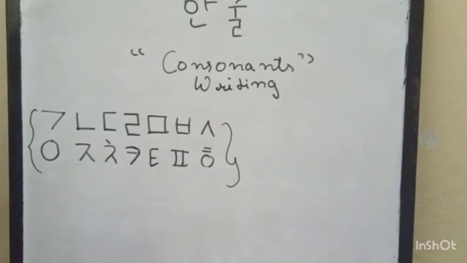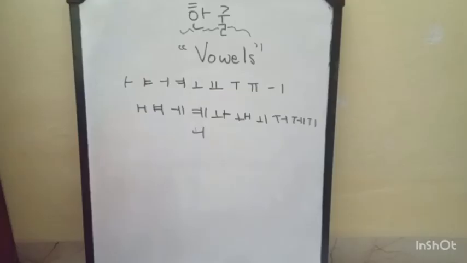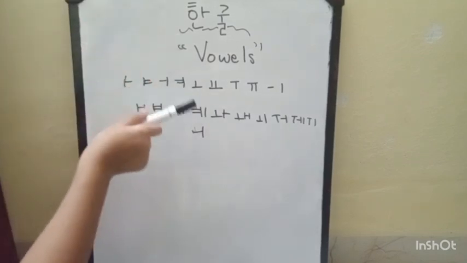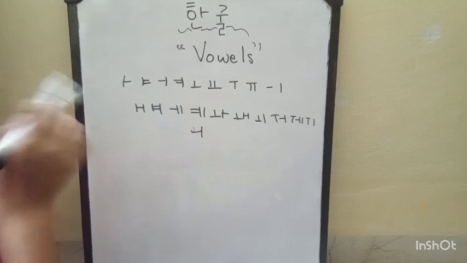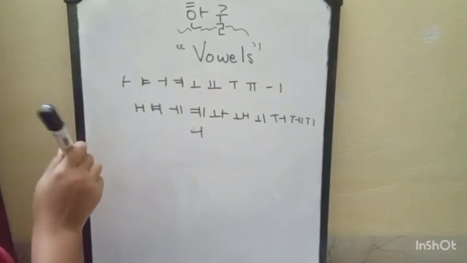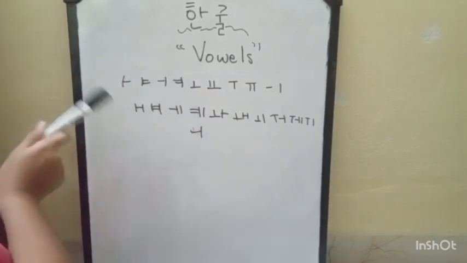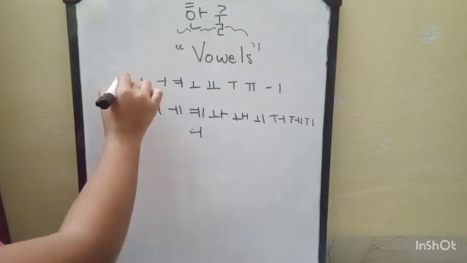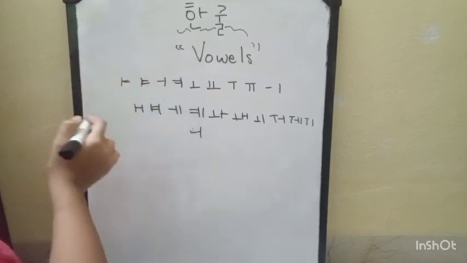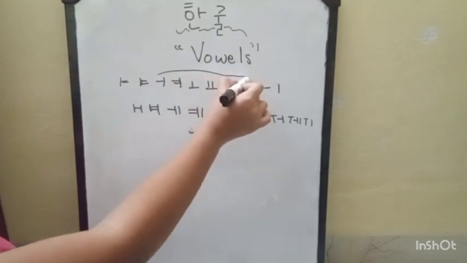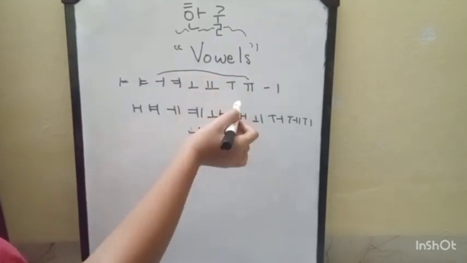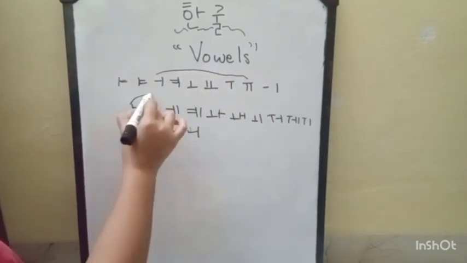Now let us move on to vowels. As you can see, for the vowels I have changed the direction a bit so it would be easy for me to teach and for you to learn. So now let us start with the vowels. Before starting, I will tell you that we will learn them very nicely, and I will make sure that you do not forget them. Also, pay attention when I'm teaching you these vowels and these vowels.